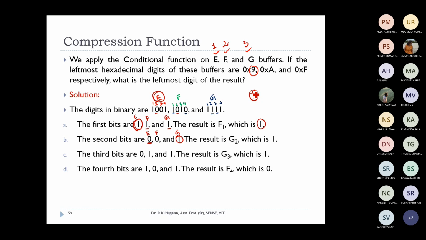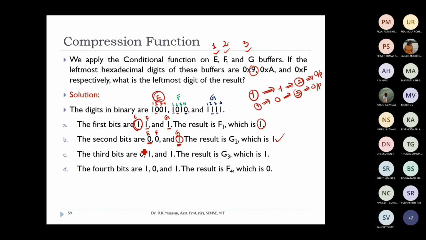When the first input has the value of 1, go with the second input's value as output. If my first input value goes to 0, go to my third input's value as my output. That's why if E becomes 0, whatever the value is sitting for G, take that as output.